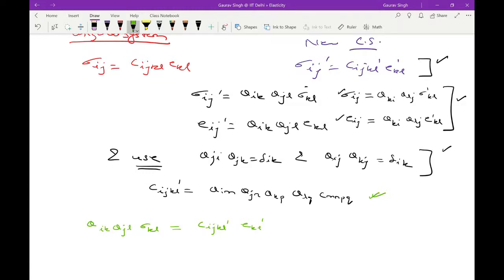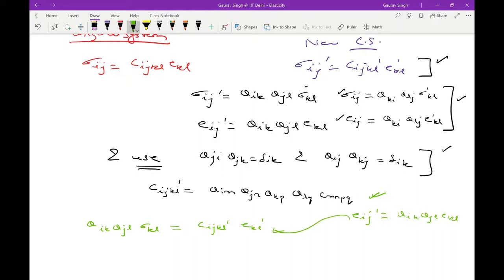So sigma kl, or Ekl dash, sorry, Eij dash is equal to, let me discuss the way. I think this is a time when you should be able to do these simple things.